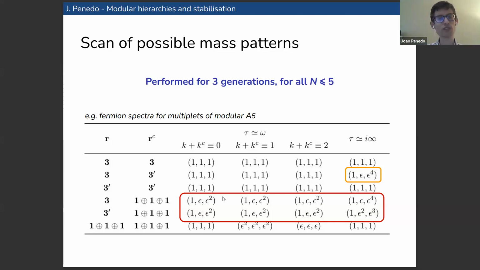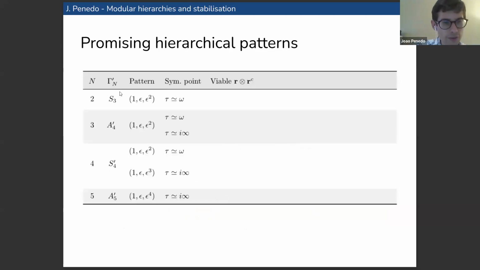So what we did is we found all these possible spectra, and then we just kept the promising ones. We found that for these 4 groups, which are the double covers but include the original ones, the promising pattern is 1, epsilon, epsilon squared, or even epsilon cubed or epsilon 4 in some special cases.